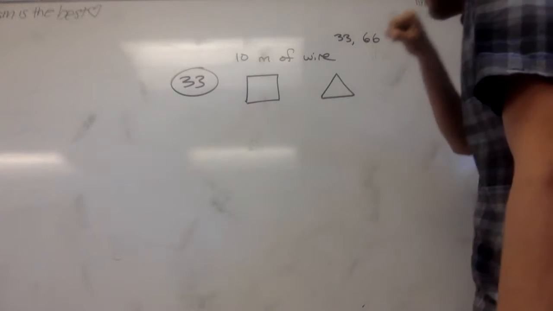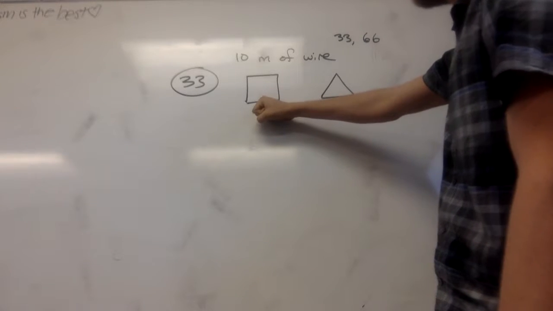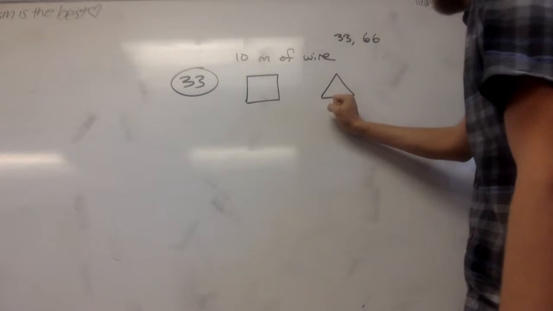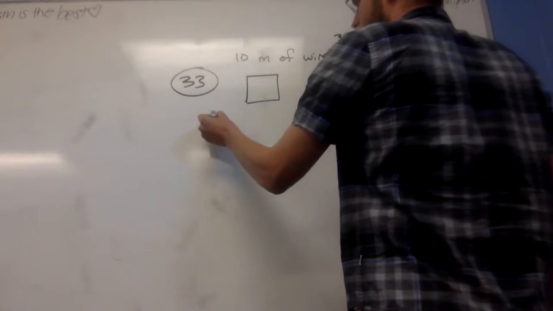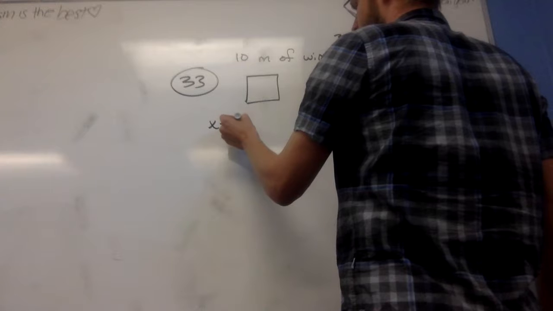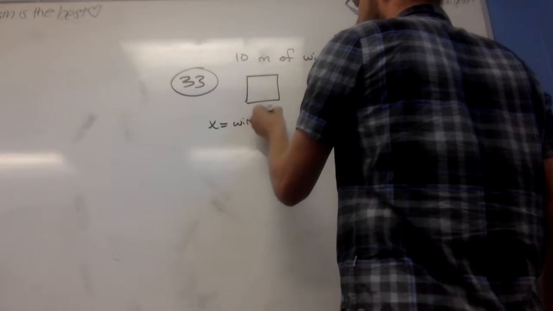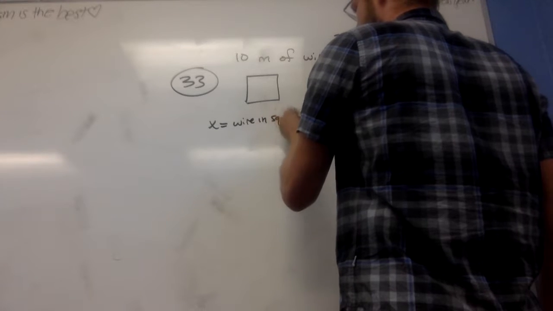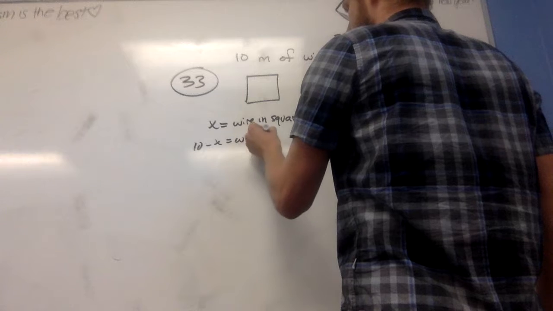So the variable we need to keep track of here is how much wire we take to make the square, and then 10 minus that would be the amount we take to make the equilateral triangle. So let's let x equal the amount of wire in the square, and then 10 minus x is the wire in the triangle.